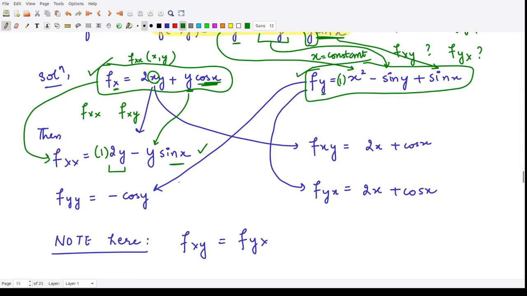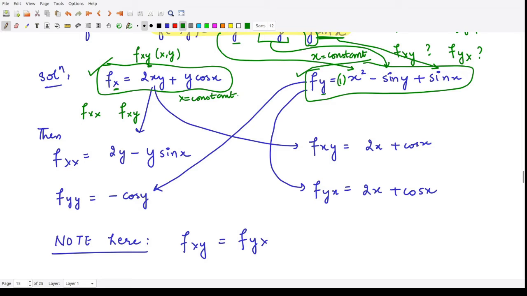So this is how you obtain fxx. Then you will partially differentiate this fx with respect to y, to get fxy, which is also a function of x and y. Because we are taking the derivative with respect to y, you will keep x as constant.